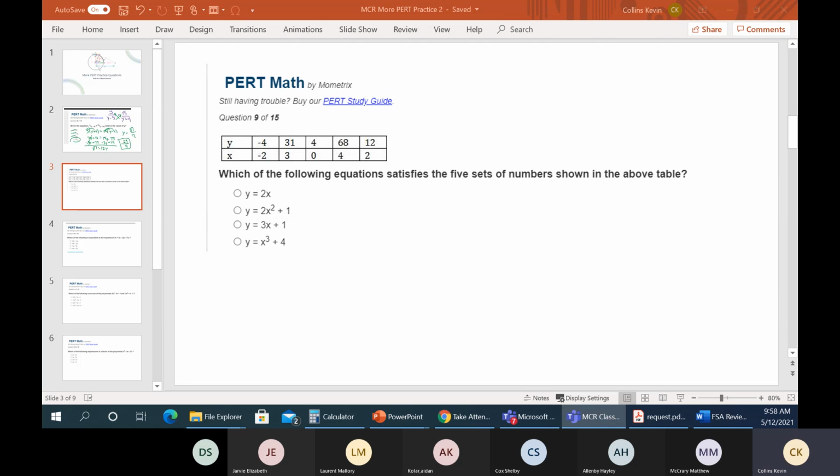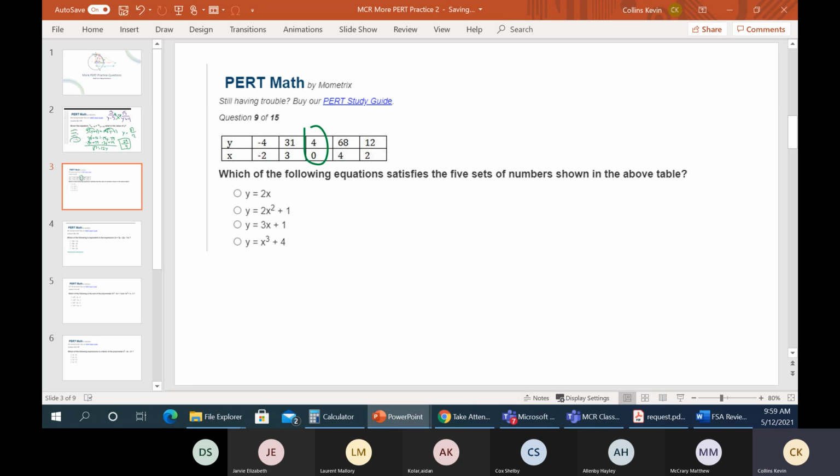All right. Any guesses on this one? So here's a hint. The easiest one to plug in is right here.